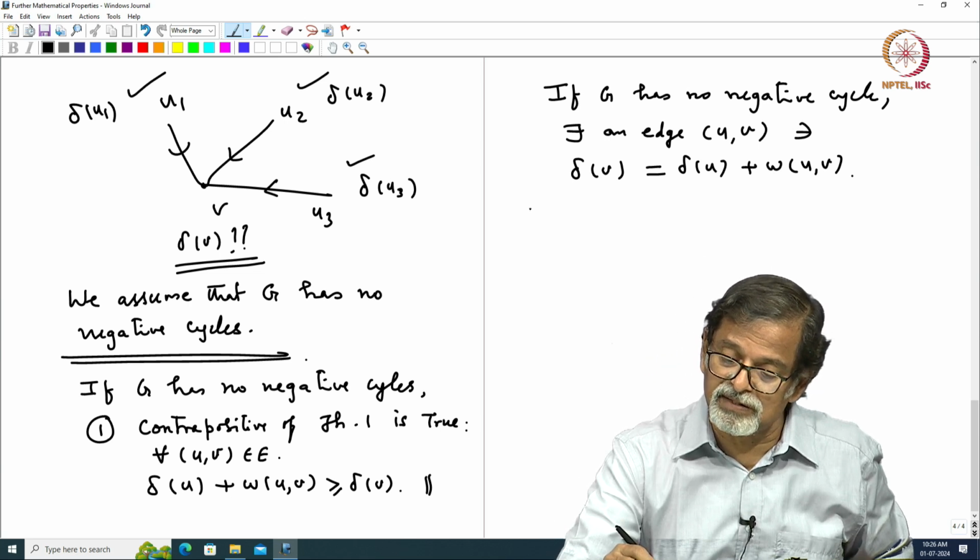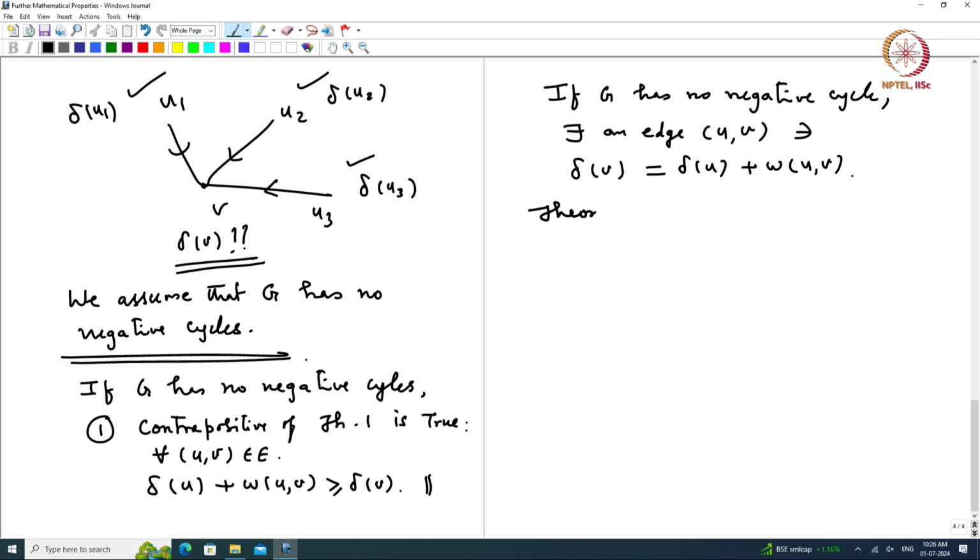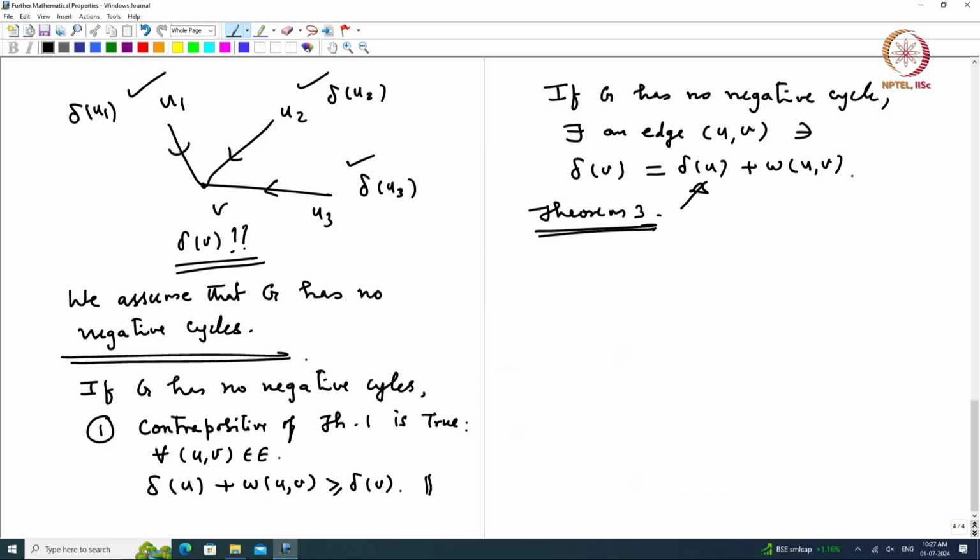So, this is the next important theorem. If G has no negative cycles, then there exists an edge (u, v) such that delta v equal to delta u plus weight of (u, v). This is the statement of the theorem. So, if G has no negative cycles, the contrapositive implies these inequalities, but they provide only an upper bound.